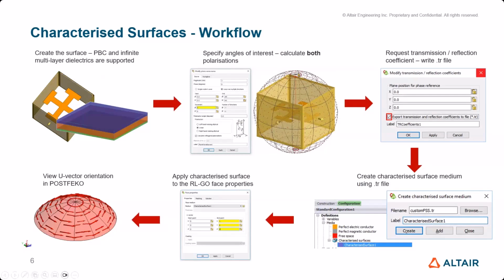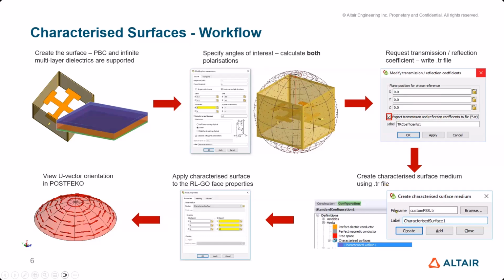Here you see various plane wave angles have been defined, in this case with an increment of 8 degrees, for example, so this results in a whole lot of angles. You need to tell the solver that both orthogonal polarizations should be calculated. Then you calculate transmission and reflection coefficients and export them to the TR file, and this contains all the information we need.